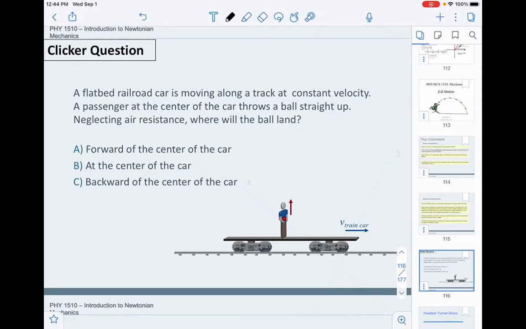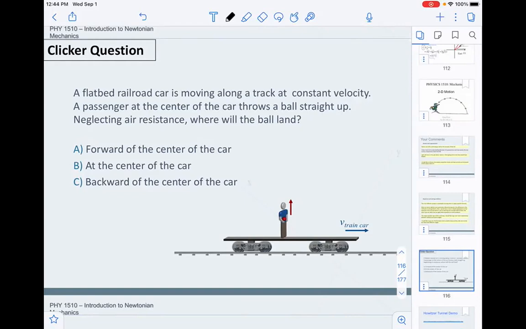If I ask you another question, if you stand at the center of the train cart and throw a ball up and down, will you always be able to catch it? As long as the train keeps moving at the same velocity, which it is in this case, then yeah, you'll be able to catch it.